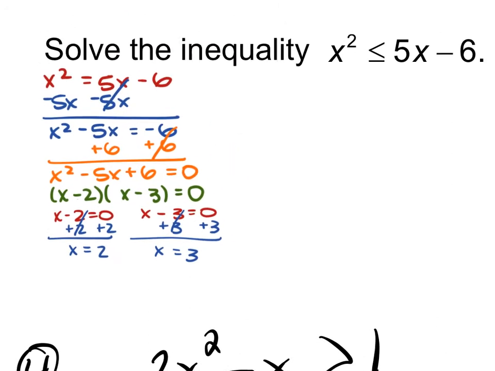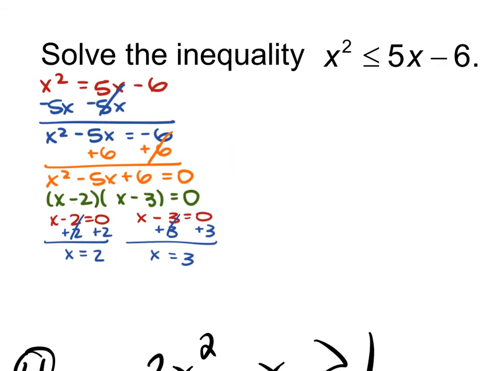Now, from here, I can make a number line for myself. I have my two numbers there. Now I'm going to test numbers. It's really three numbers that I'm testing: one on the left of my smallest number, one on the right of my largest number, and one in the middle of those two key numbers I'm working with.